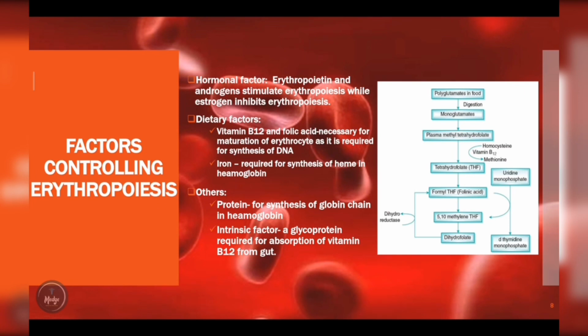So, in vitamin B12 deficiency, methyl tetrahydrofolate is trapped, which is called folate trap, and homocysteine accumulates, which causes homocystinemia. Vitamin B12 deficiency and folic acid deficiency cause megaloblastic anemia.